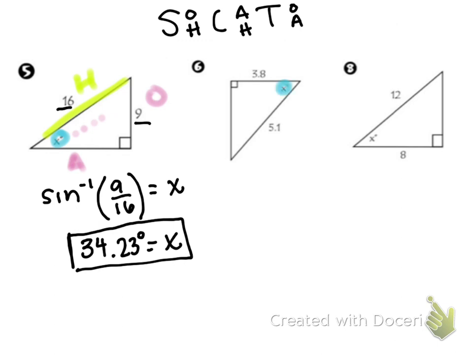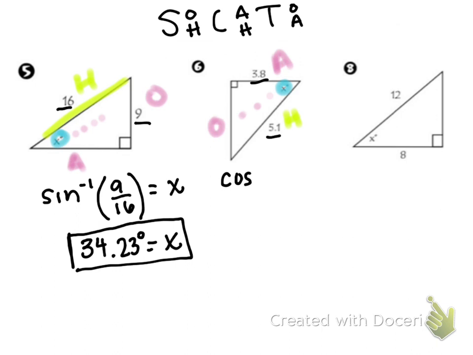For number 6, we're going to go ahead and find this angle right here. So identify that angle. Label your sides: H, O, A. The two sides that I have are this 5.1 and this 3.8, which are A and H. So when you're looking at your trig ratios, you want the one that has an A and an H, which is cosine.